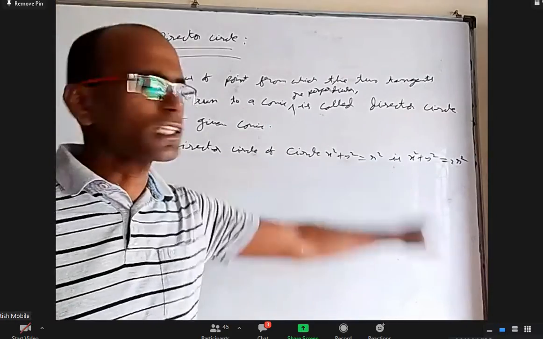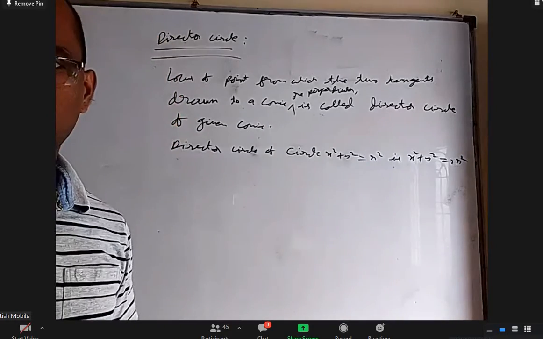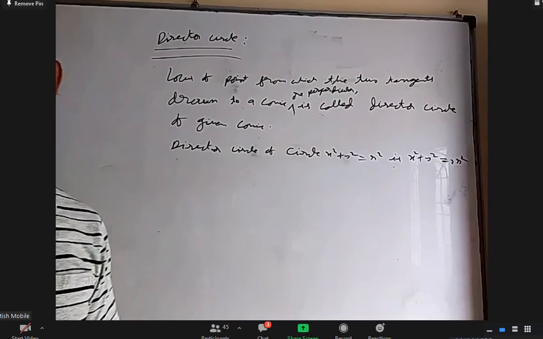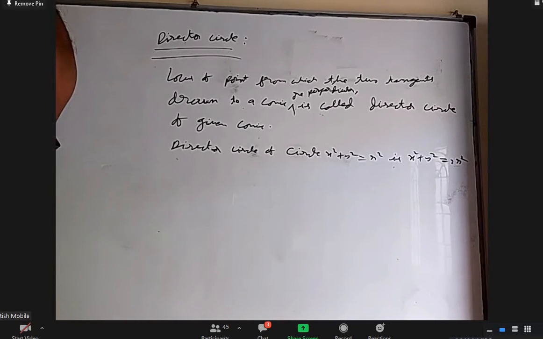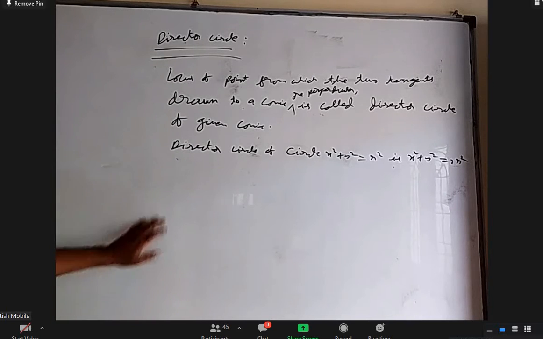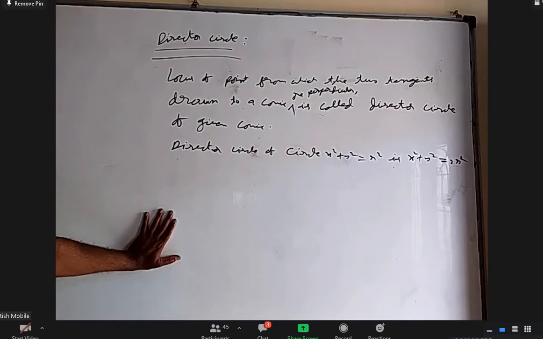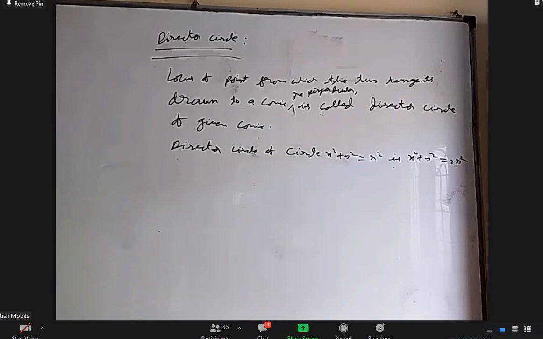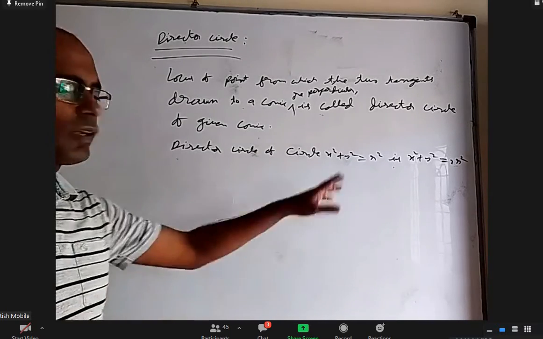How did I write this? x square plus y square equals 2r square? Distance between the center and the point. Yeah, look at the previous question. Yes, sir. x1 square plus y1 square equals 2r square. Yeah. But we can get it more easily.